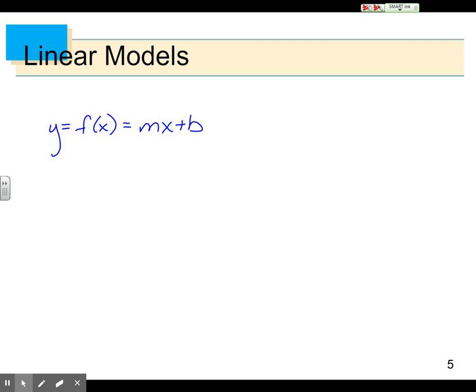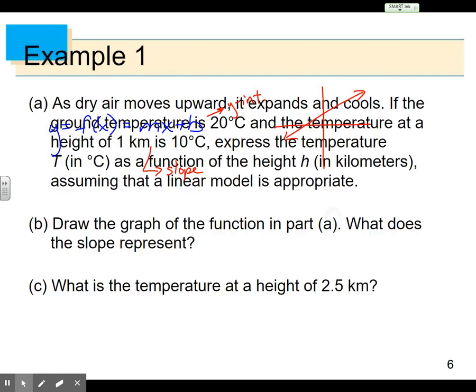Okay? Where m was the slope of my straight line, and b is the y-intercept. Just like a straight line. I don't think there's any need to go into more detail than that. Let's look at an example problem that will deal with this.